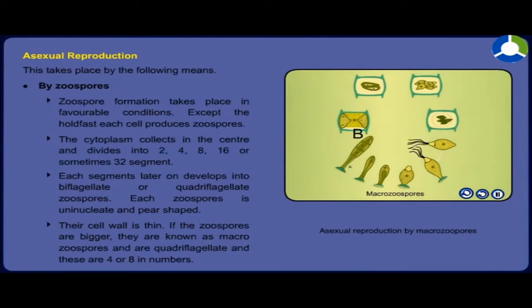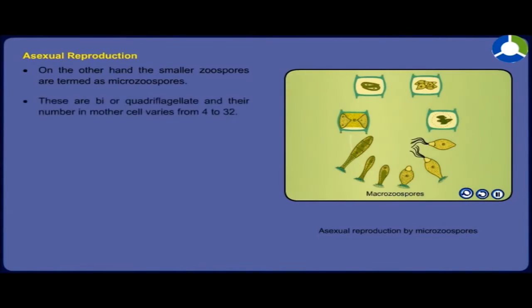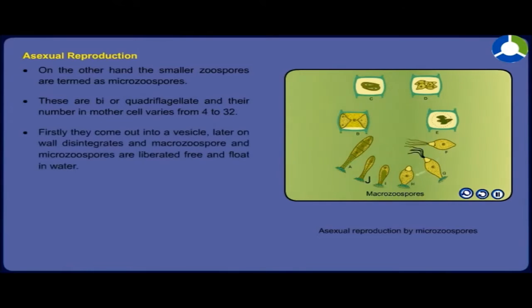If the zoospores are bigger, they are known as macrozoospores and are quadriflagellate, and these are 4 or 8 in number. On the other hand, the smaller zoospores are termed microzoospores. These are bi- or quadriflagellate, and their number in the mother cell varies from 4 to 32. Firstly, they come out into a vesicle.